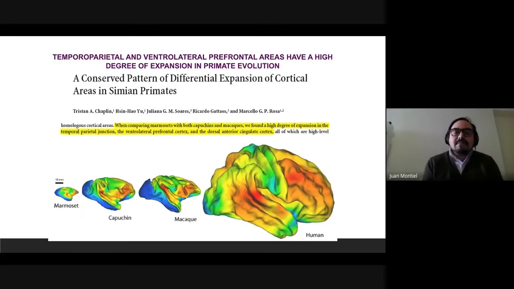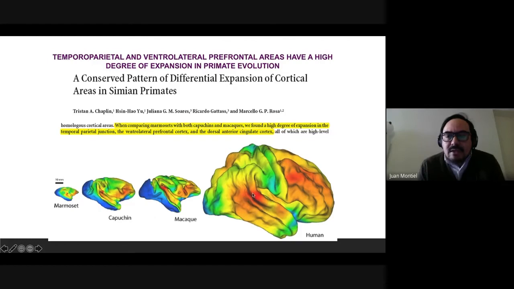And this is happening mainly in some regions. If we compare the human brain with the brain of other primates, we can see that in this heat map, the red color is the most changing areas of the brain, and we can see that the temporal parietal region is the most highly changed at the level of morphology.